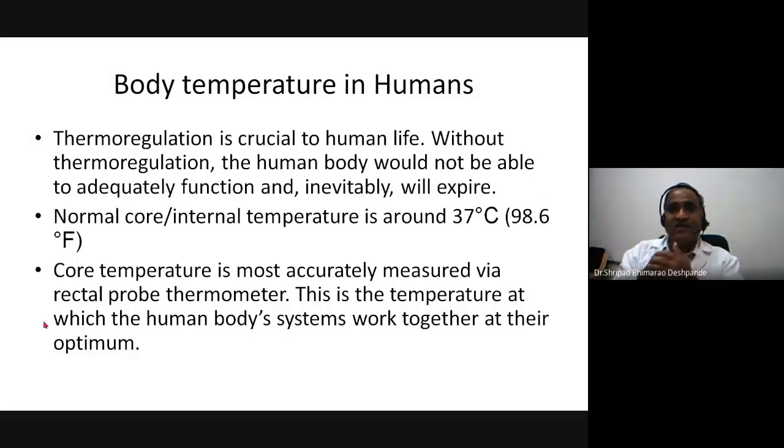They record my body temperature, then allow me inside. So what is the normal body temperature? The normal core or internal temperature in the human is around 37 degrees Celsius. In fact, it will be around 98.6 degrees Fahrenheit.